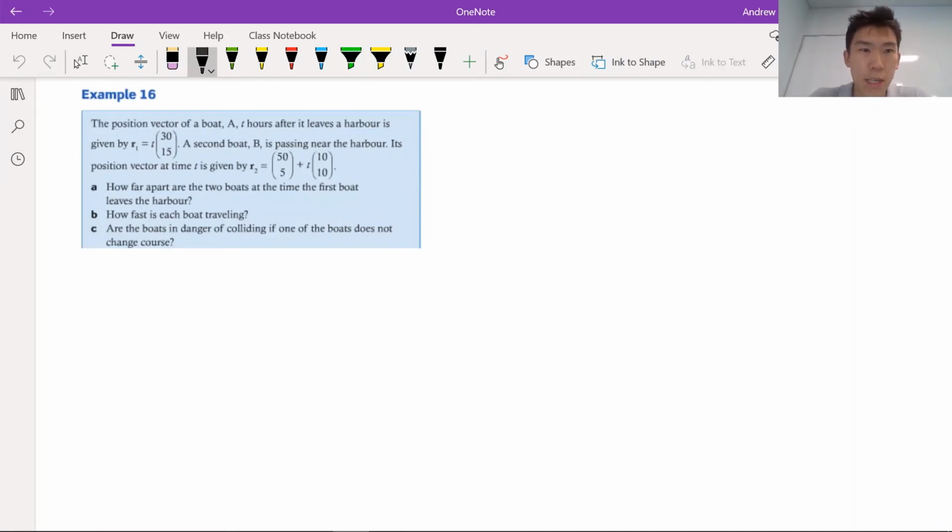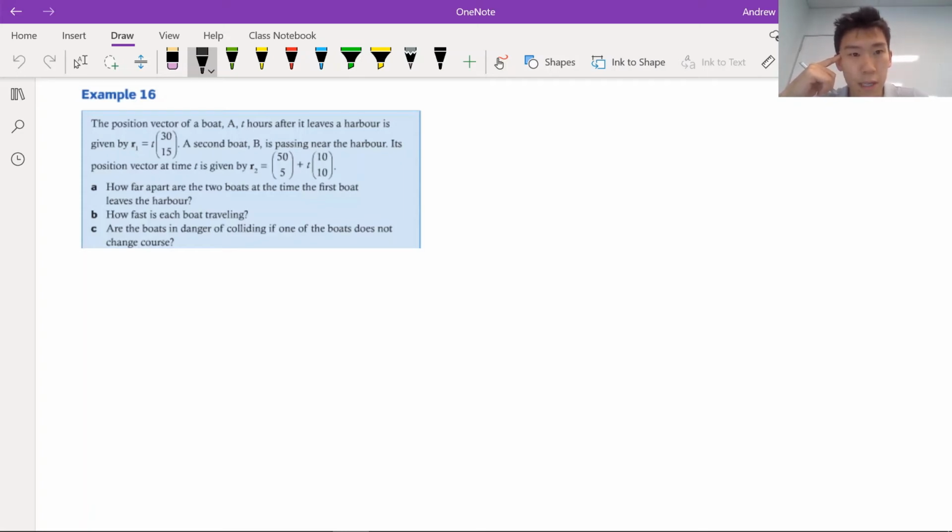So example 16. The position vector of a boat, A, t hours after it leaves the harbor is given by R1. So boat A has a vector equation of R1, and then a second boat B is passing by near the harbor.